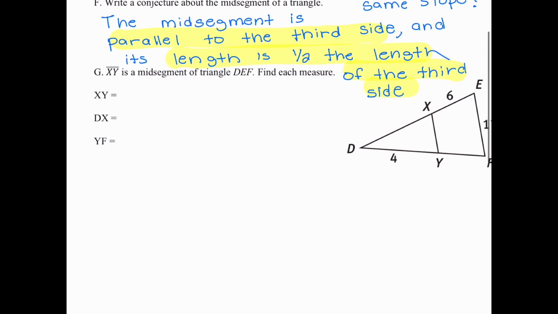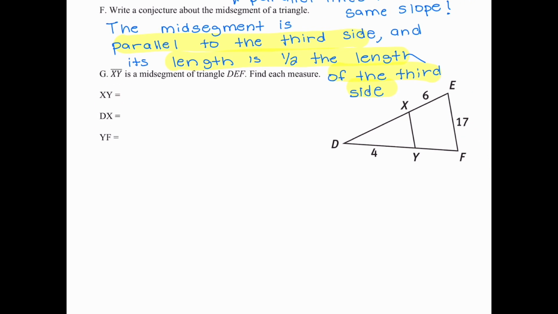So let's practice this. XY is a midsegment of triangle DEF. Find each measure. All right, XY is my midsegment, which means X and Y are midpoints of their sides. So if DY is 4, that must mean that YF is 4.